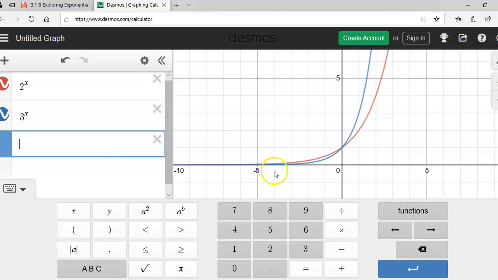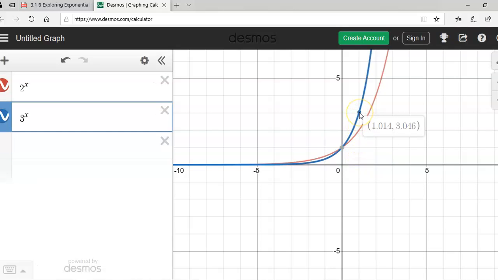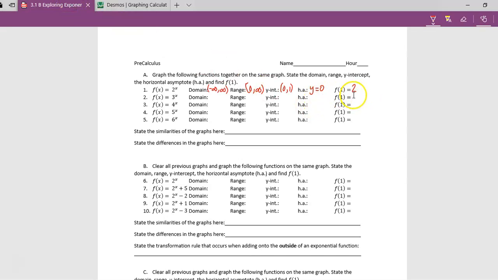So it looks like it has the same domain, negative infinity to infinity, the same range, 0 to infinity, the same y-intercept, (0, 1). The only thing that's really changed here is that f of 1 is equal to 3, but everything else was exactly the same.